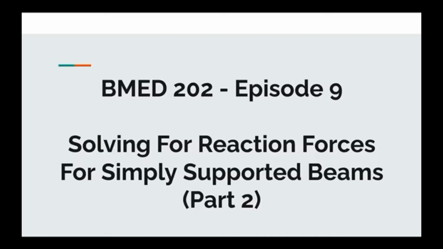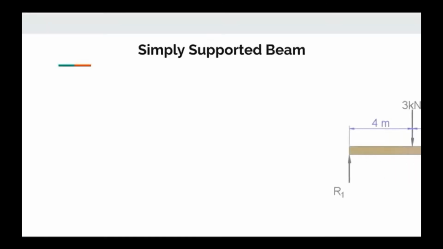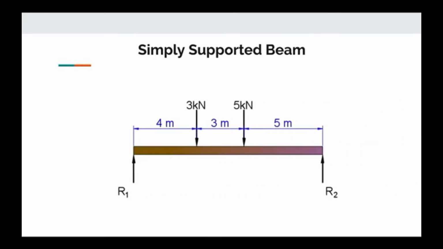In this episode, we will be looking at solving for reaction forces for a simply supported beam, and this is part 2 of the last episode. We will be looking at a simply supported beam with 2-point loads being applied.